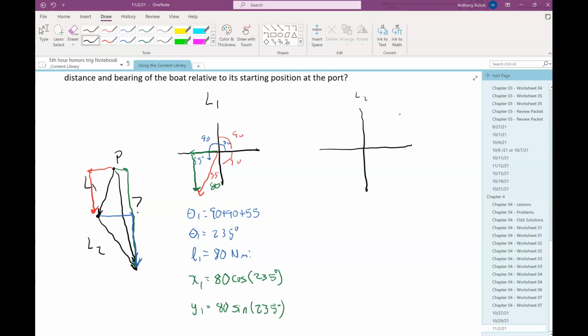Well, you could think about it doing this instead. Does it matter which way you do it at all? Well, you're starting at P, and you're ending at that point in the lower right. Okay.